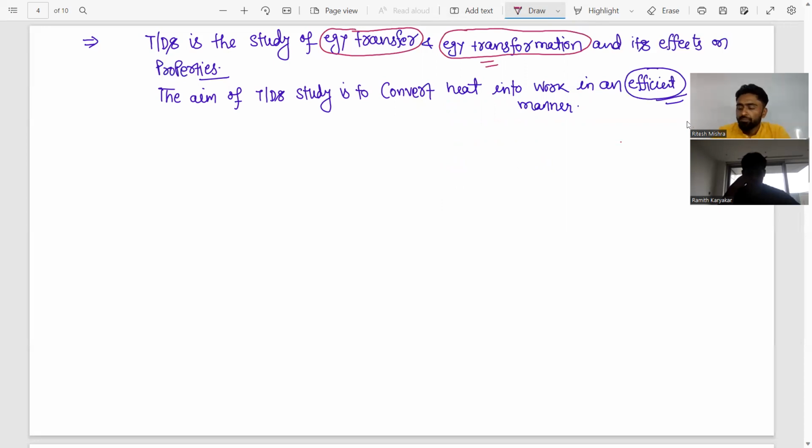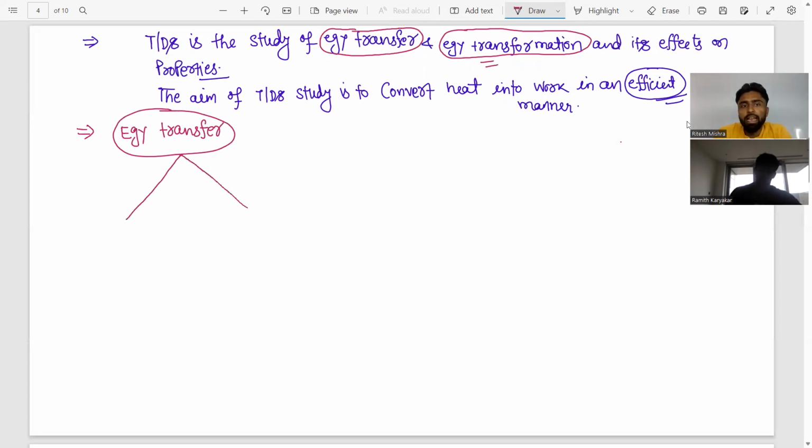So at first, what is energy transfer? There are basically two types of energy transfer. First is heat transfer and second is work transfer.